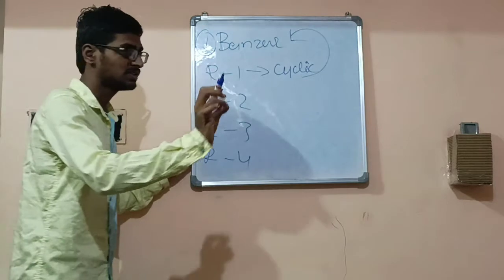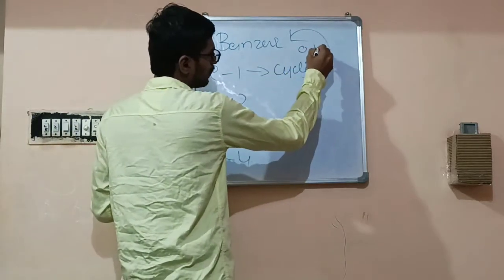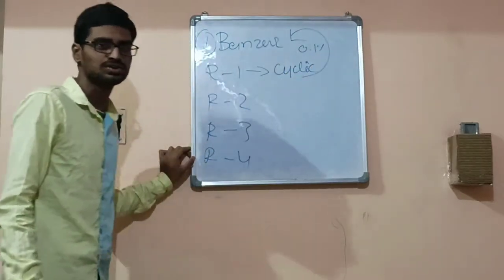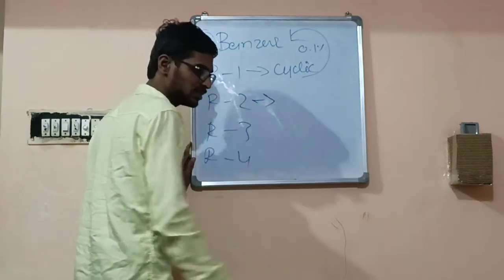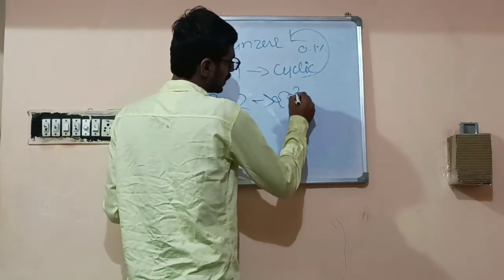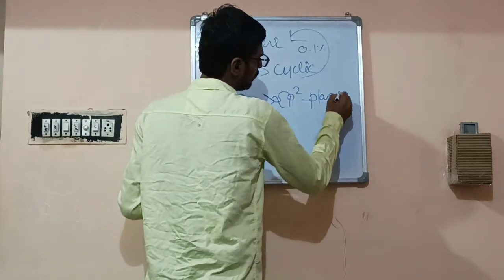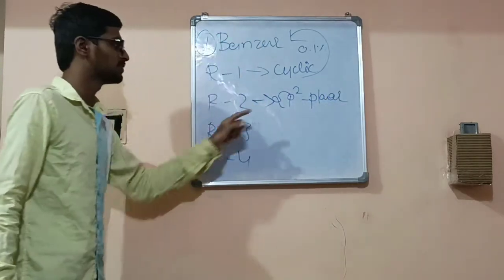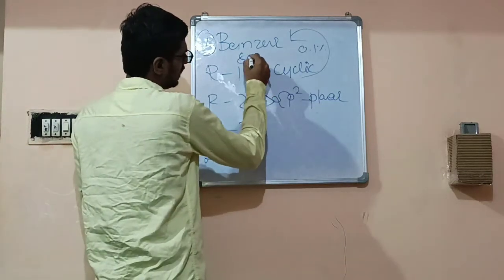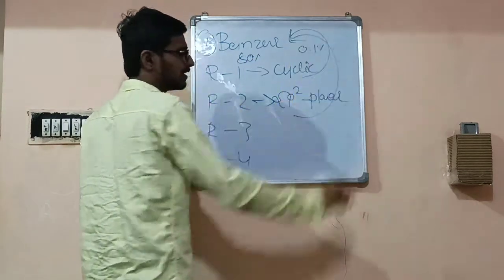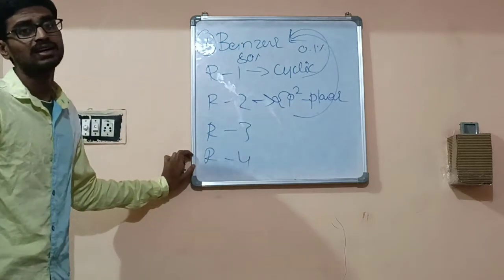If it does, then there is a chance that it might belong to the aromatic compounds. The second rule is that it should exhibit sp2 hybridization with a planar structure. If it satisfies these two rules, then there is an 80% chance that benzene undergoes aromaticity.